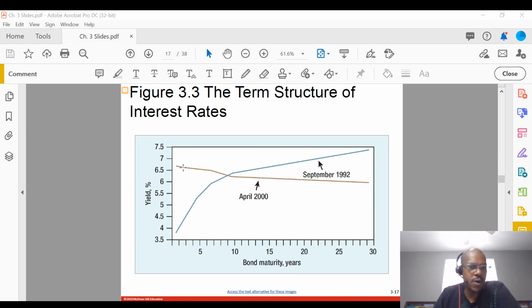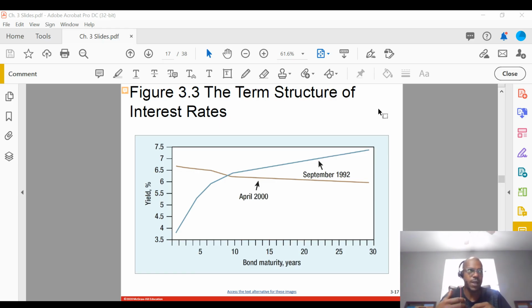Okay, here are two examples of what the yield curve looks like traditionally. The blue line we call an upward sloping yield curve, which is normally the case. That just means that as the maturity of a bond lengthens, the interest rate is higher. So, all else equal, a 30-year bond is going to have a higher interest rate or coupon than a 20-year bond, and a 20-year bond higher than a 10-year bond.